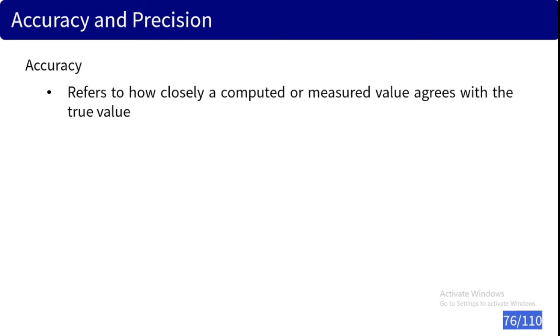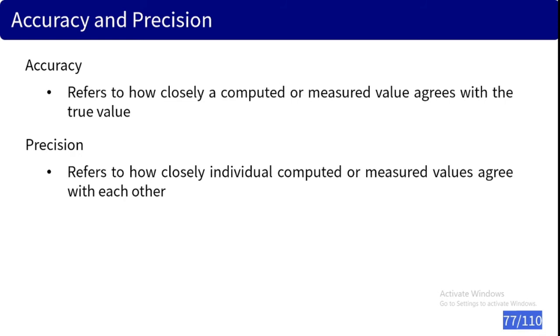For example, in our first trial and error in computing the cube root of 2, one of the first values you try is 1.2, then the closest value is 1.26. So 1.26 is more accurate than 1.2. So we can see that accuracy is about how close you are to the true value. Okay.